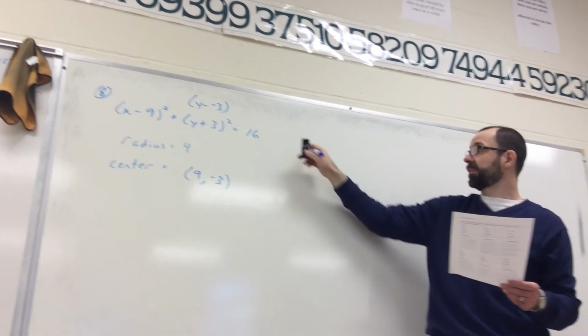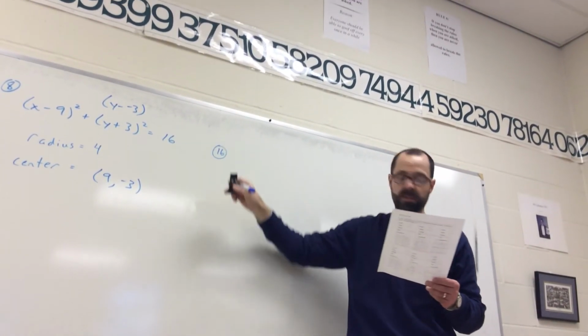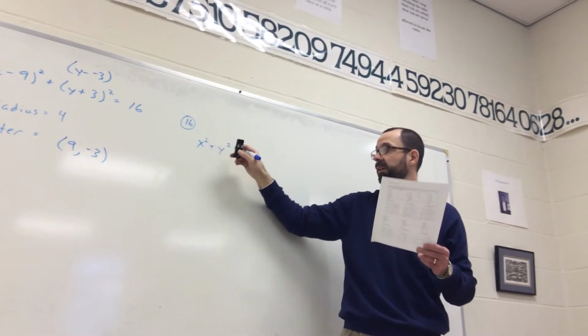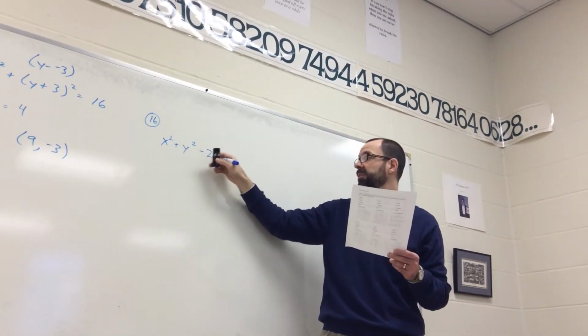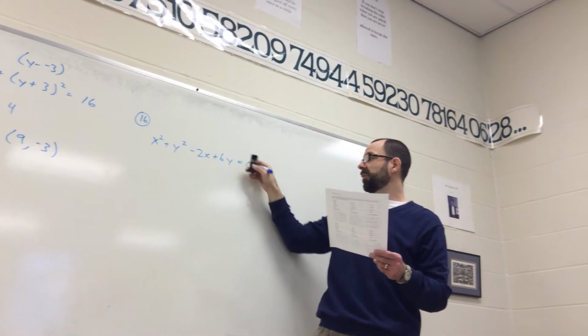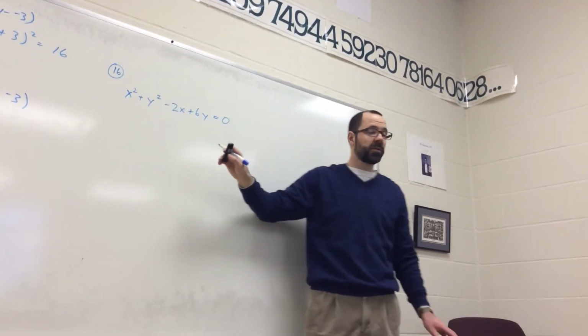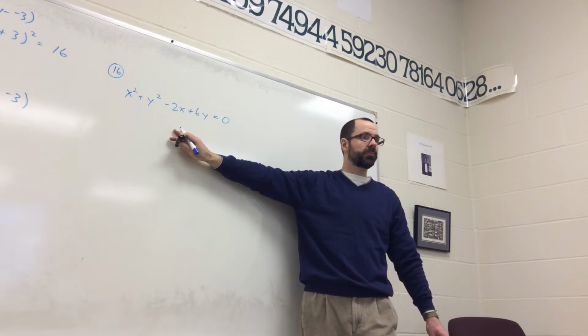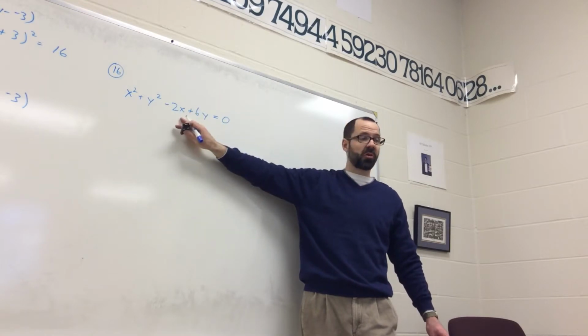All right, the last one I'm going to do is number 16. And we got x squared plus y squared minus 2x plus 6y equals 0. Now, believe it or not, this is a circle.